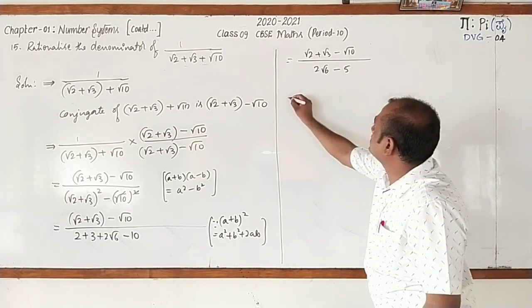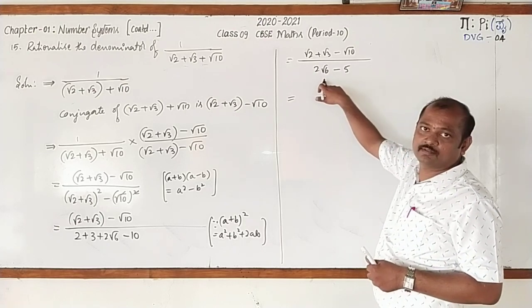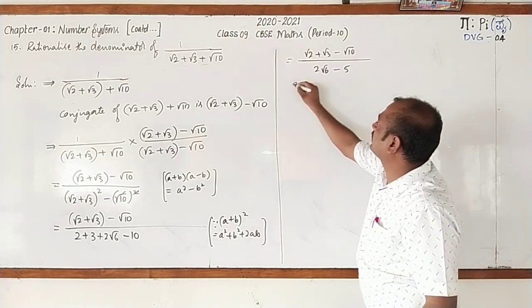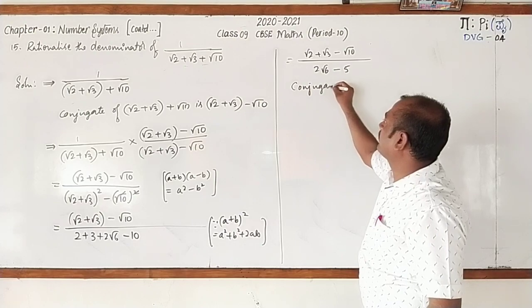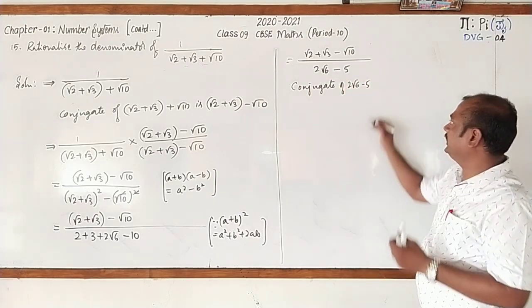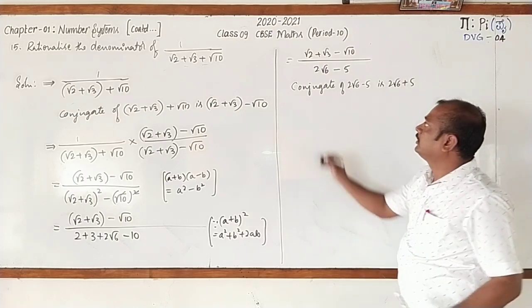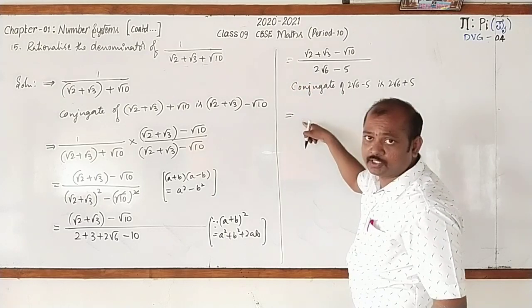Now it is equal to, again you can go for taking the conjugate of this denominator. We have two terms. Here I write the conjugate of 2 root 6 minus 5, which is 2 root 6 plus 5. Now this is equal to, I am continuing this.